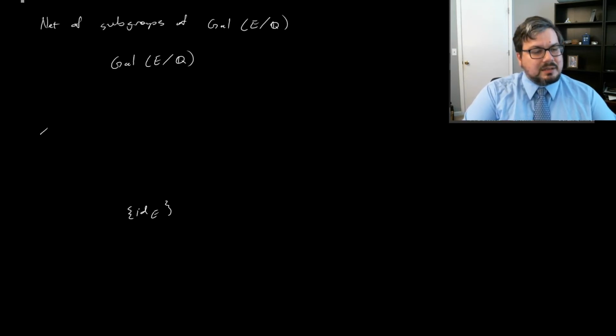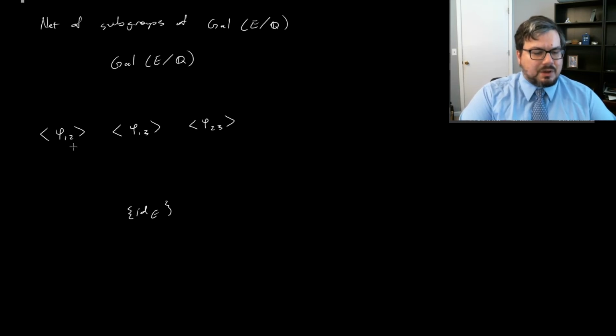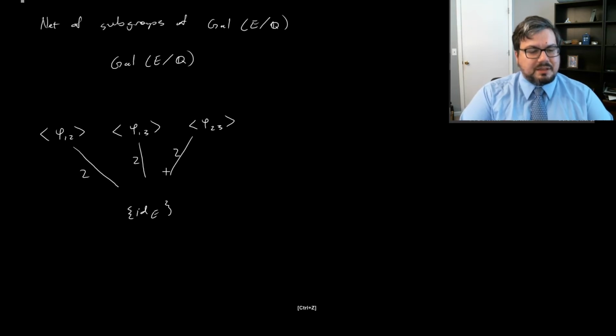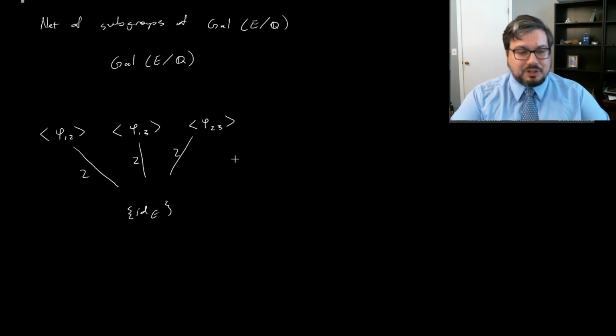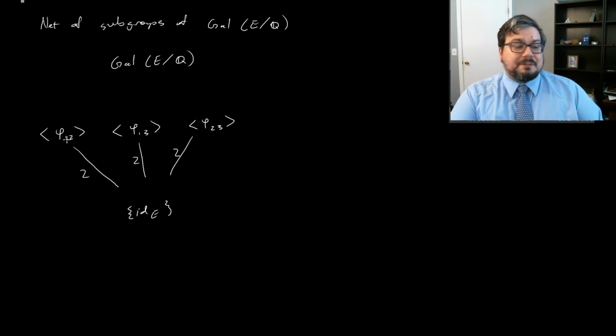And then we've got three subgroups of order 2. We've got the subgroup generated by phi12, the subgroup generated by phi13, and the subgroup generated by phi23. These are the three subgroups of order 2 in the Galois group of E over Q. Each of these phi12, phi13, phi23 is its own inverse.